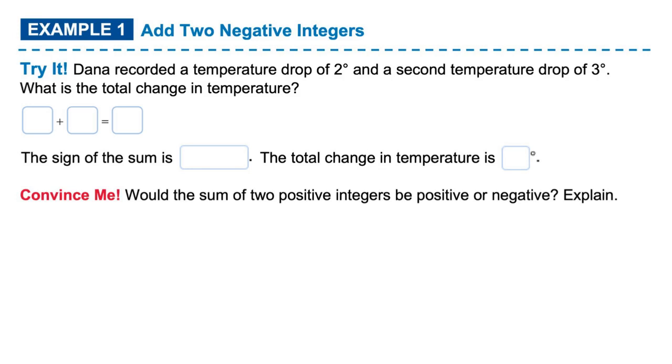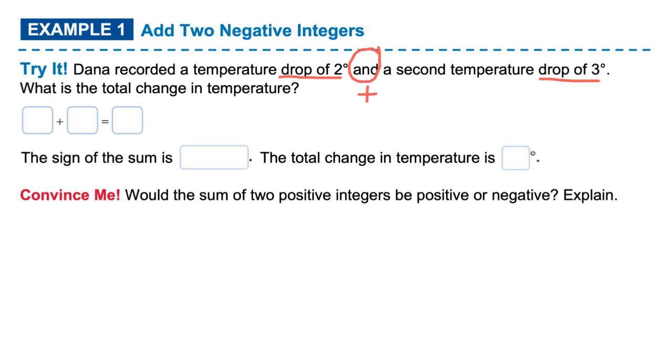All right, here's our example 1, Try It. It's at the bottom of your page 22. It's really important that you copy what I've got going on my screen. It says that Dana recorded a temperature drop of 2 degrees, and we're going to add a second temperature drop of 3 degrees.